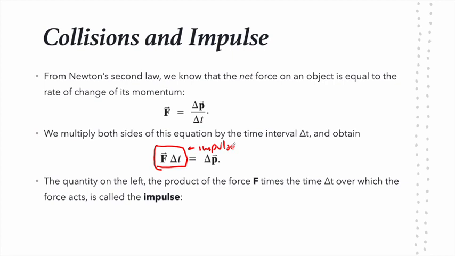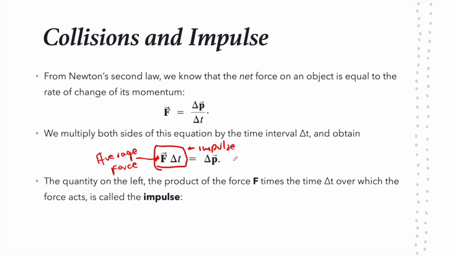So the impulse given to an object by another object is equal to the average force, if it's not constant, so it should be average force, multiplied by the amount of time that the two objects are in contact with each other.